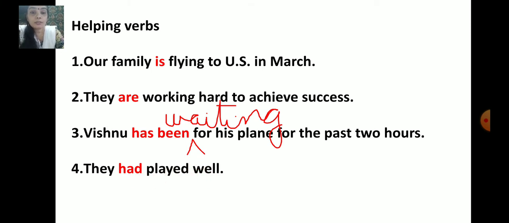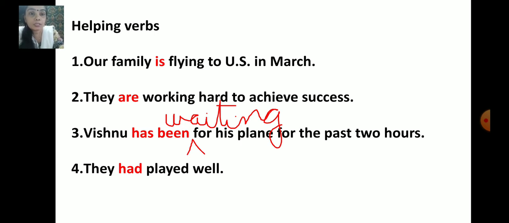So here they are verbs: flying, working, waiting, played. These words is, are, has been, had, were, may, will, might, and many other helping verbs are there.